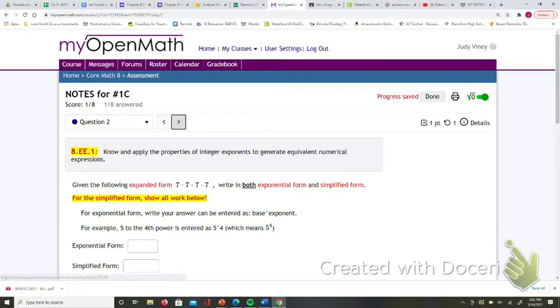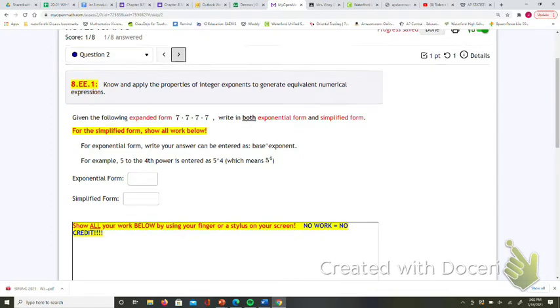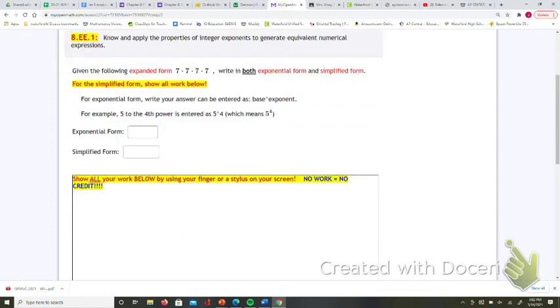Number 2. Given the following expanded form, 7 times 7 times 7 times 7, write in both exponential form and simplified form. For the simplified form, show your work below. For the exponential form, write your answer, and it can be entered as base to the exponent.